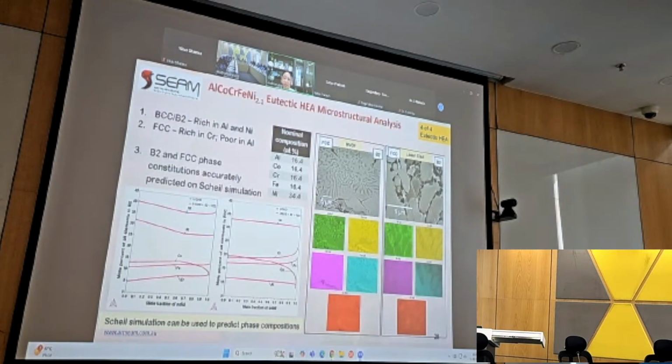Then we start looking at the alloy. This is from literature. We also did HVOF and laser cladding, but we can see what the BCC fraction is when the FCC is reaching, and we can then calculate this, and we can control this, because in HVOF and laser cladding we can control the amount of BCC and FCC.